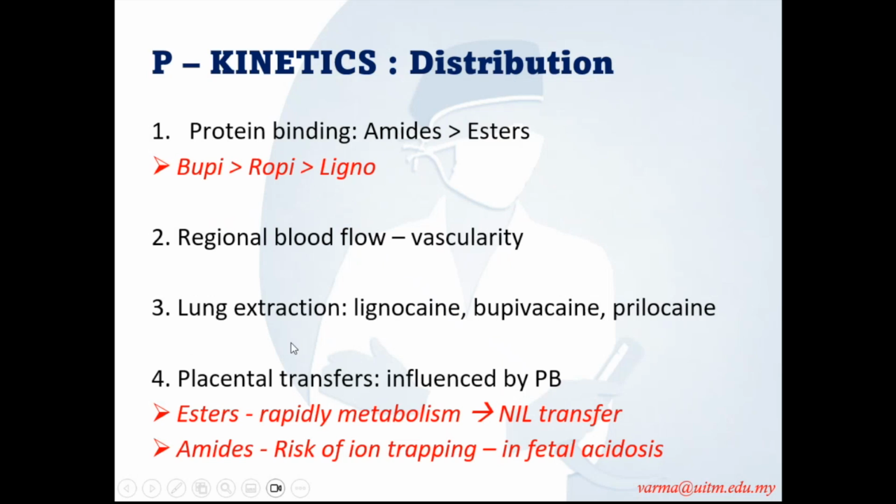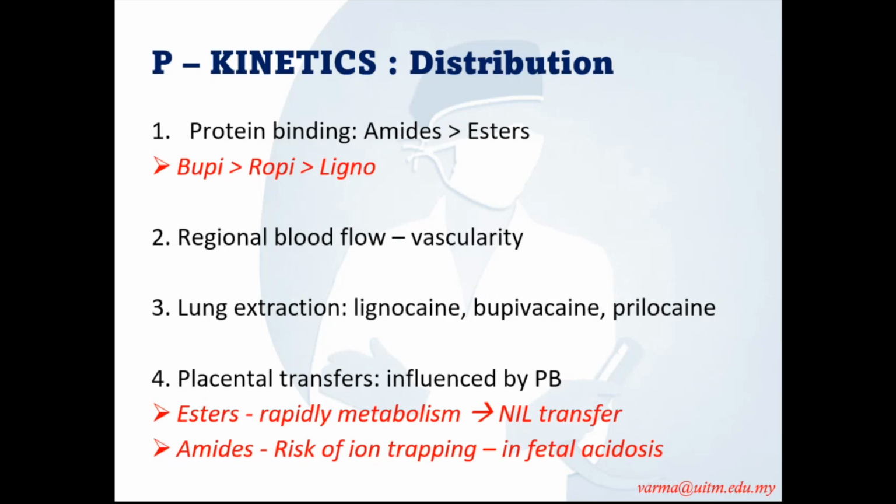Next, distribution. In pharmacokinetic distribution, the first factor is protein binding. In one of the first few slides, I talked about amide versus ester. So it's bupi, ropi, and lignocaine. The highest protein binding would be bupivacaine, followed by ropivacaine, followed by lignocaine. When a drug is highly protein bound, there is no free form available.